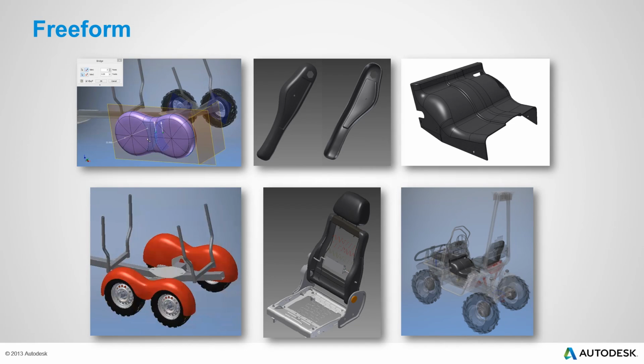Now, here are some examples of parts where the freeform modeling tools could be used to a user's advantage. These would be injection molded plastic parts. They could also be, for example, with regard to the seat there at the bottom, some hot wire cut.